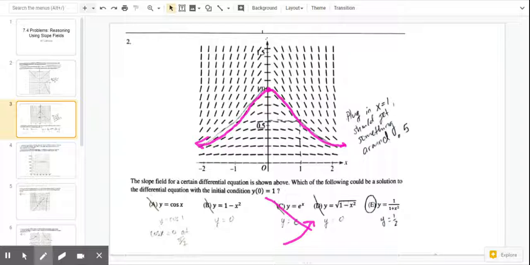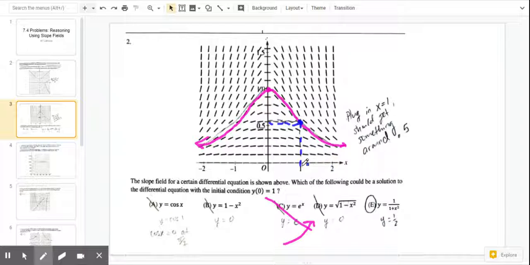Next thing I notice is, now this is just something that helps me. This is how I think about this. So I want to pick a point that's on the line that I just drew. So when x is 1, here's my point on the function. y should be something around 0.5. Because I'm pretty confident that I drew my solution curve as best as I could.